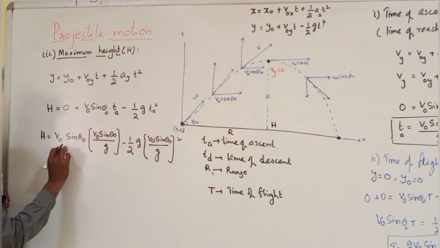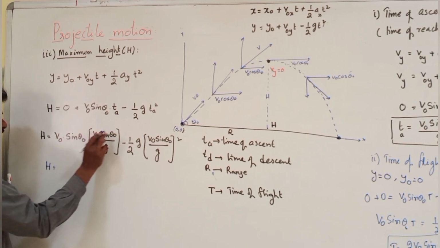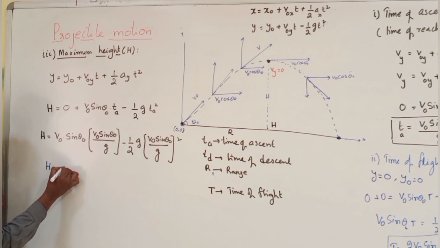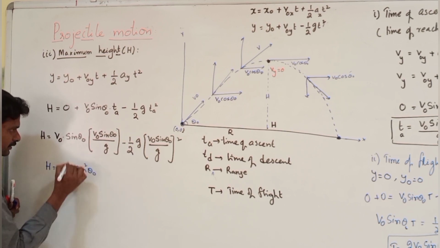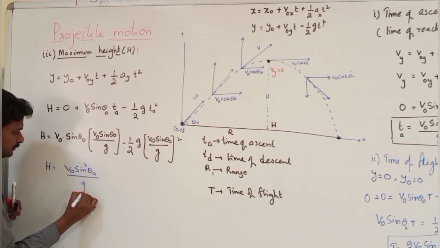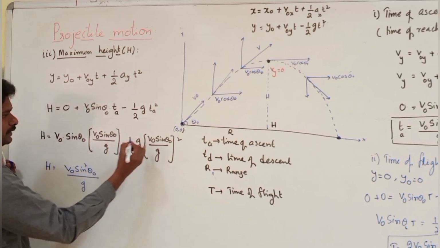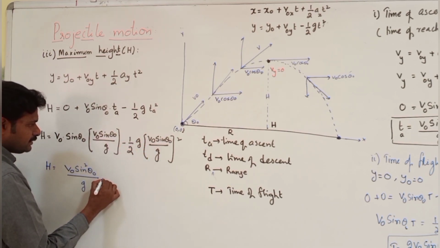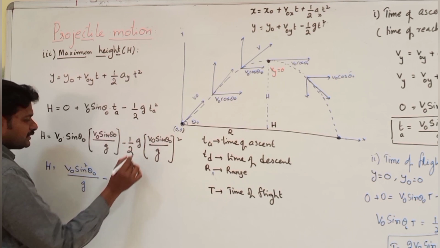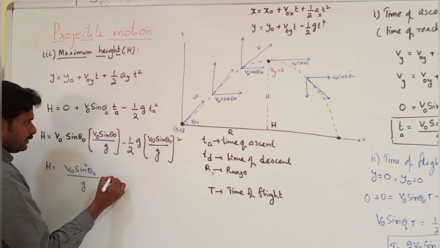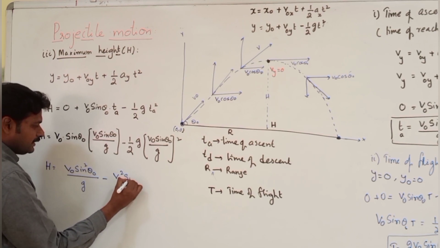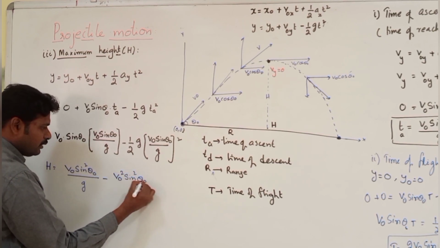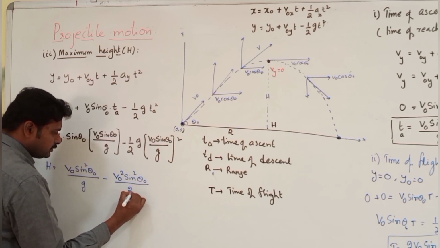H is equal to v naught square sin square theta naught by g, minus half v naught square sin square theta naught by g. Here g square cancels, and again you will get v naught square sin square theta naught by 2g.